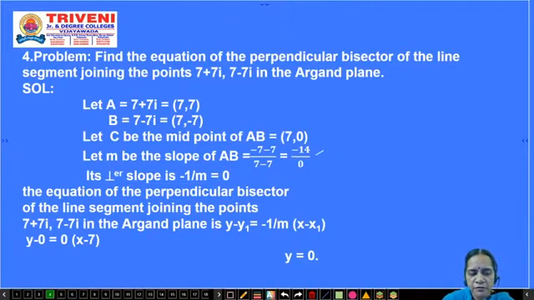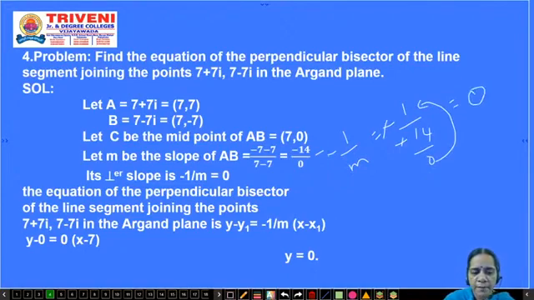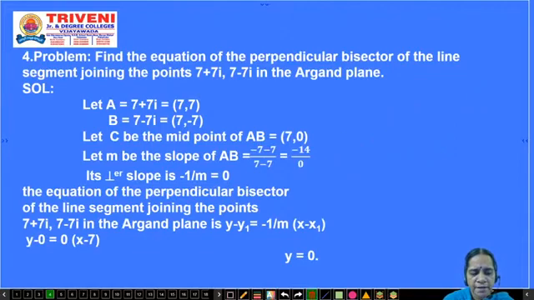Then how to write the perpendicular slope here? Minus 1 by m, that is equal to minus 1 by minus 14 by 0. The minus signs cancel, the 0 comes to this side, so the perpendicular slope is 0. Therefore, the equation of the perpendicular bisector of the line joining the points 7 plus 7i and 7 minus 7i in the Argand plane: the point slope form is y minus y1 is equal to minus 1 by m into x minus x1.